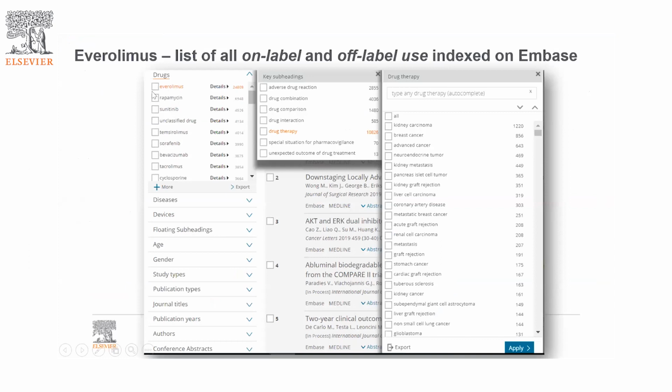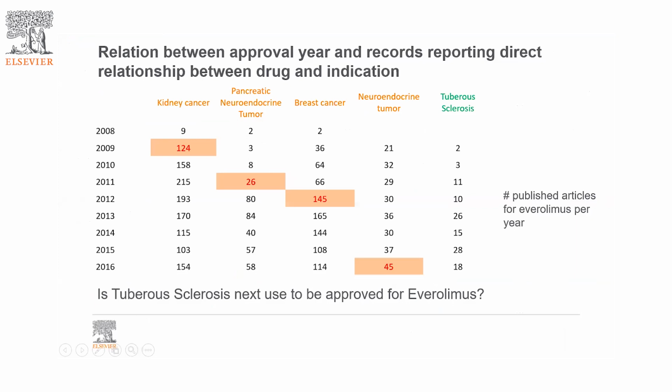Here in another drug, everolimus, it's the same story. You click on everolimus, drug therapy, and then you can find all the indications. And you're trying to understand, is it good to use it for treatment of tuberous sclerosis.